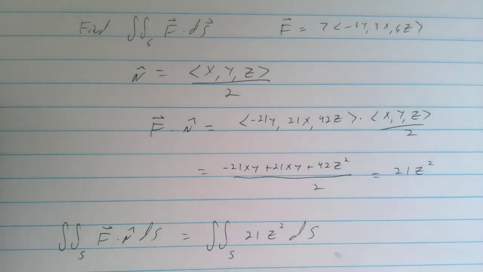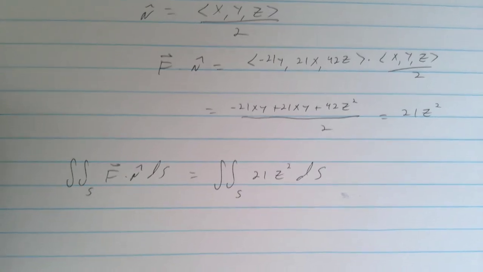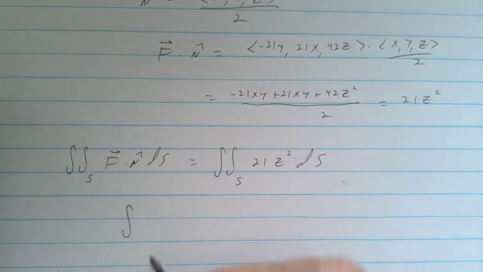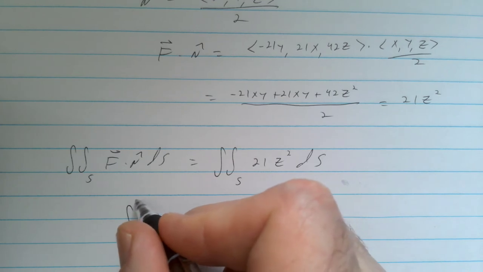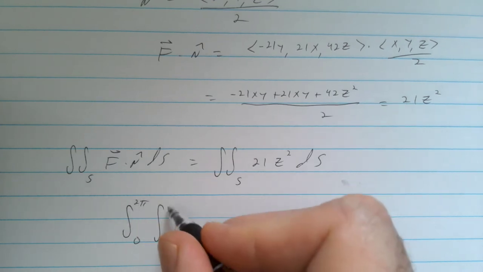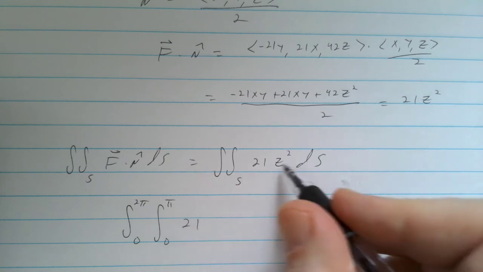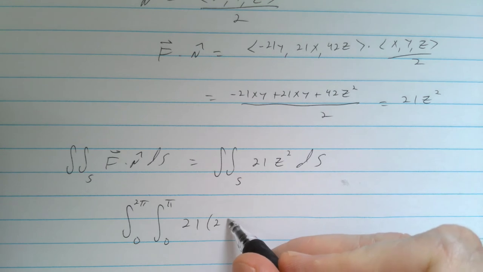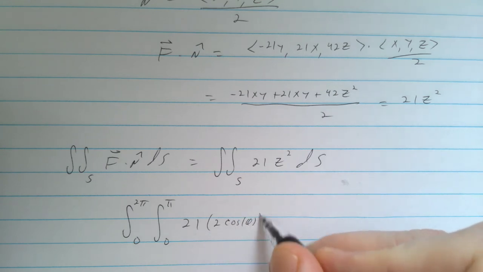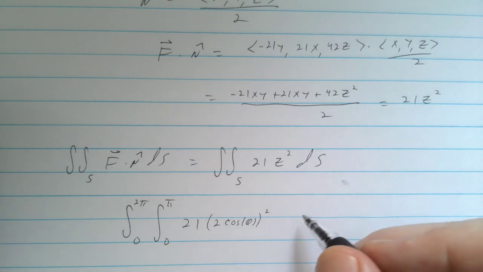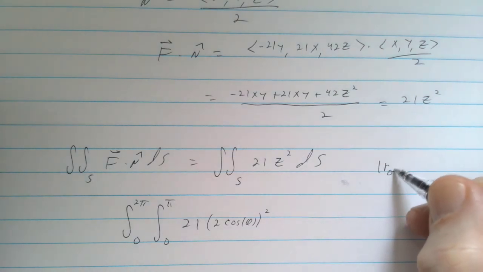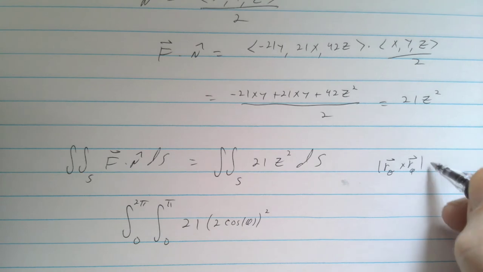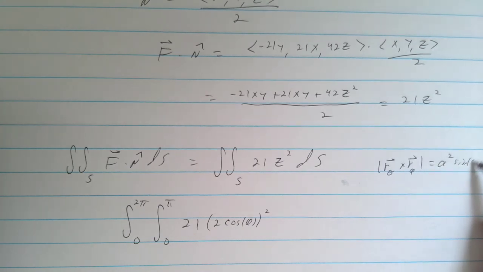Now with a sphere, I always simplify it in Cartesian, but now I will go to parametric, and it's the full sphere, so we'll have theta goes 0 to 2 pi, phi goes 0 to pi. z is the radius times cosine phi, that gets squared. dS, we might know that r sub theta cross r sub phi is going to be the radius squared sine phi.